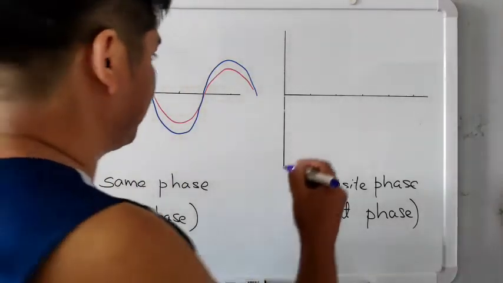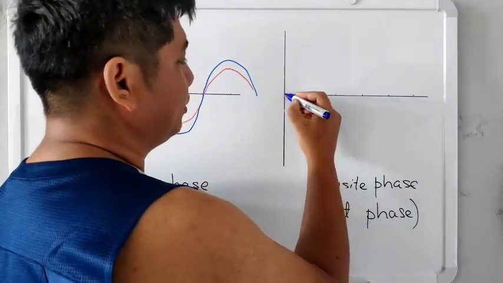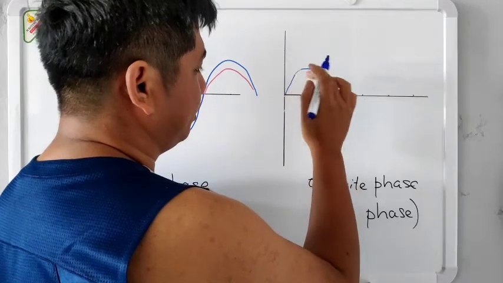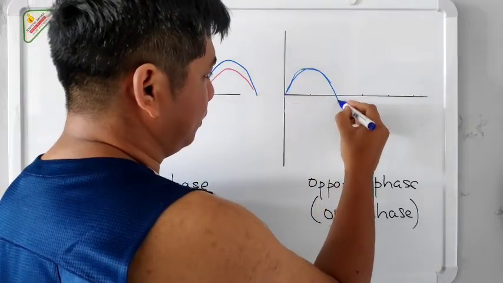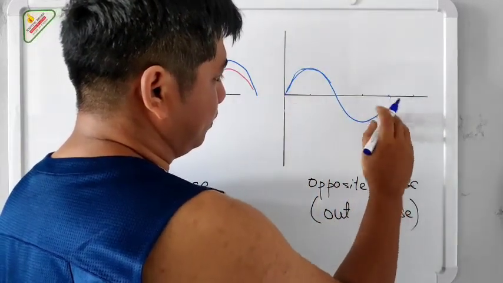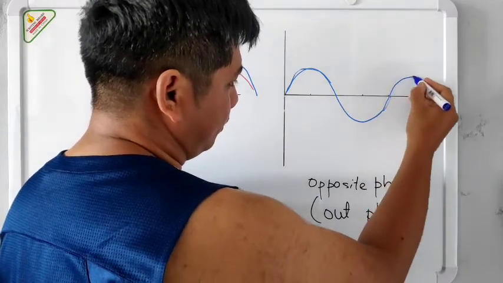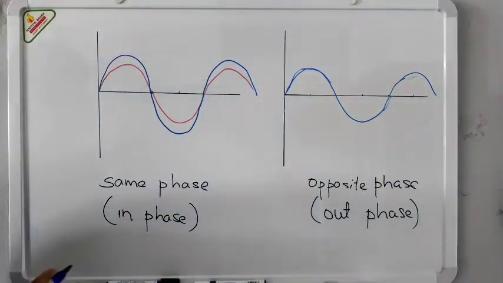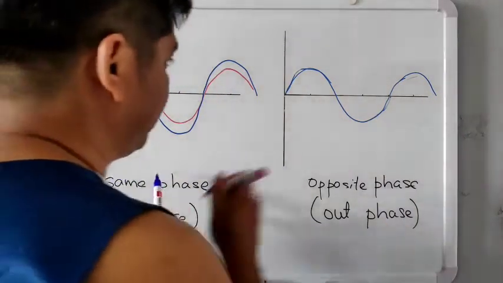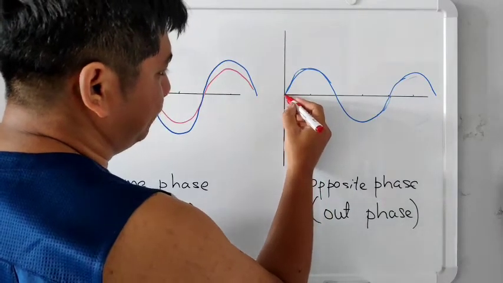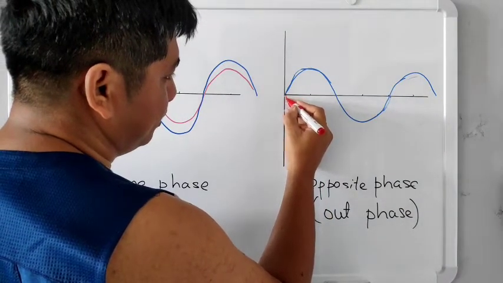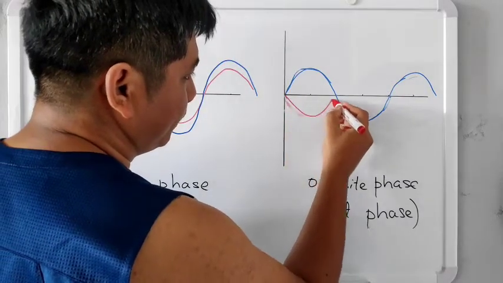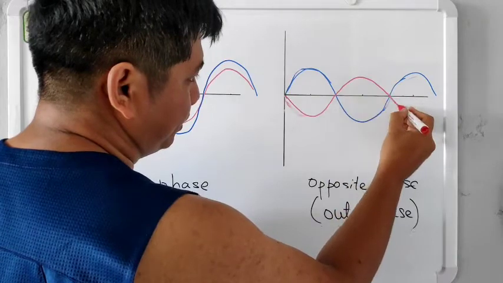And in the second case, let this be one wave and another wave. They are in the opposite phase. Let it be smaller amplitude.